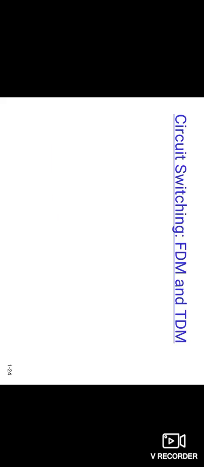We can divide the link bandwidth into pieces in two ways, either by frequency or by time. So we have frequency division multiplexing and time division multiplexing.